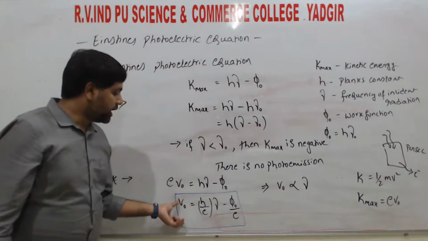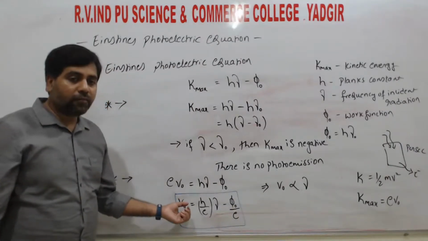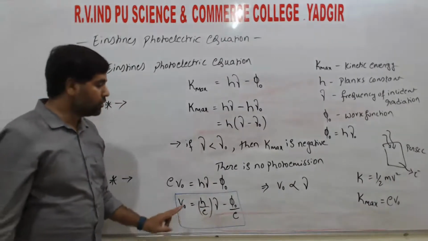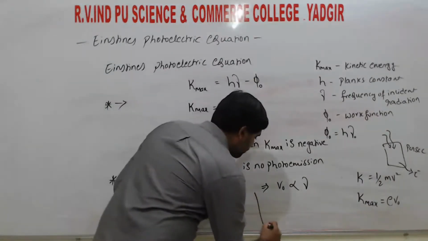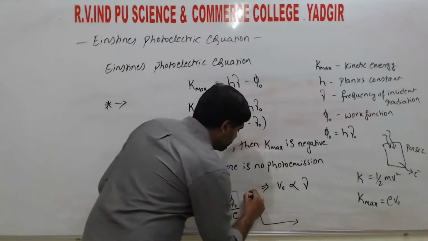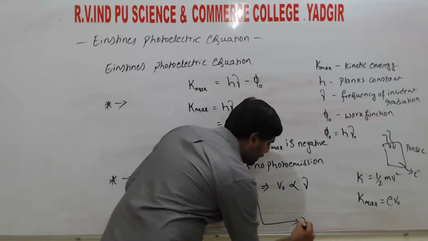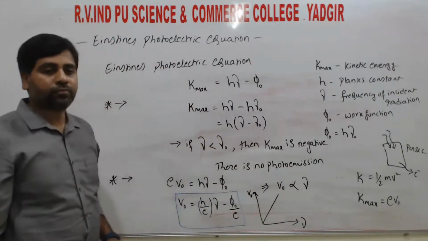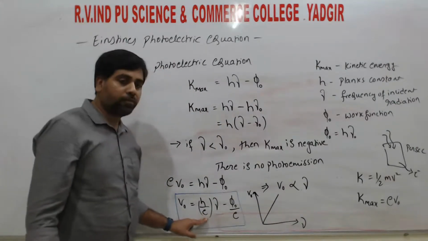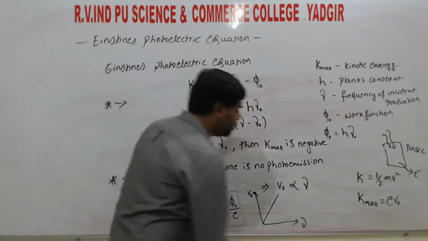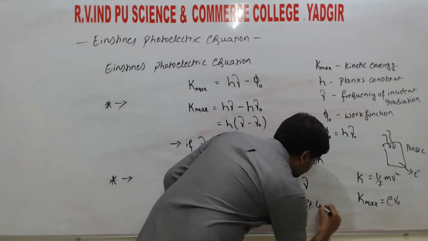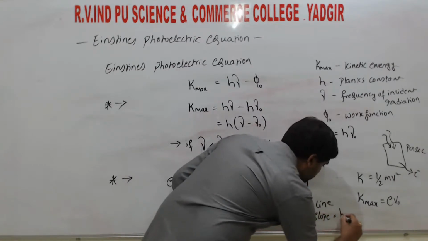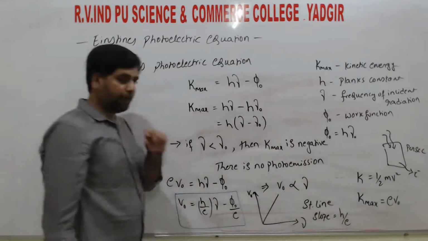This equation gives a straight line with the slope h divided by e, right? If we plot the graph, V naught on this axis and nu here, then we have the line. For this line, this is the slope: a straight line with the slope equal to h divided by e, right?